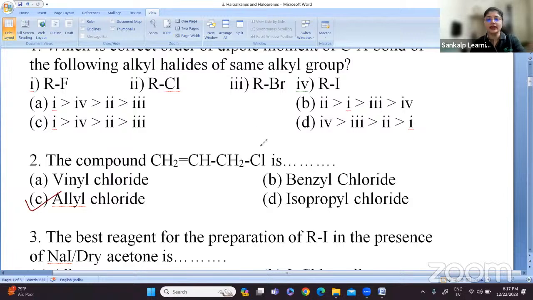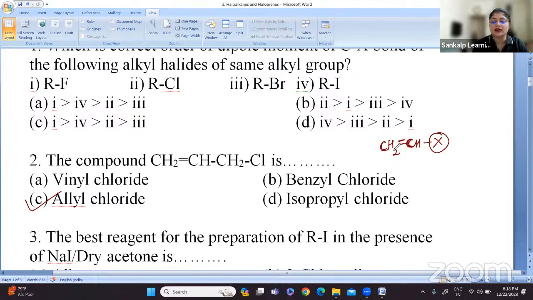What do you mean by vinyl chloride? Vinyl chloride means the compound in which the halogen atom is bonded to a sp2 hybridized carbon of a C=C double bond.